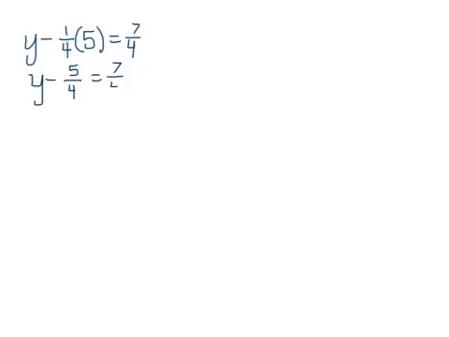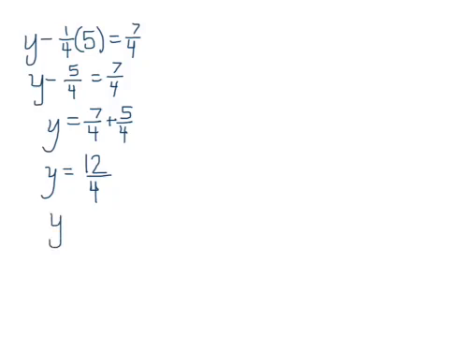To solve this equation, our opposite of subtracting 5 over 4 is we're going to add 5 over 4 on both sides. When adding fractions, we keep that denominator the same and add the numerators. So y is equal to 3.